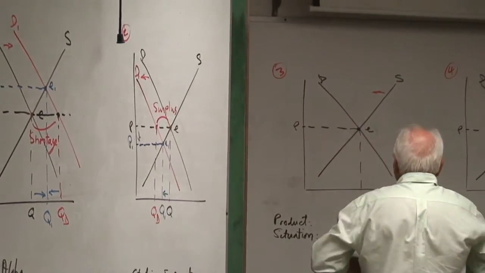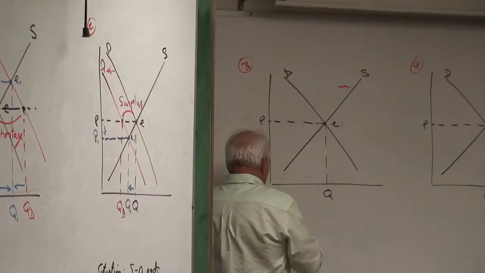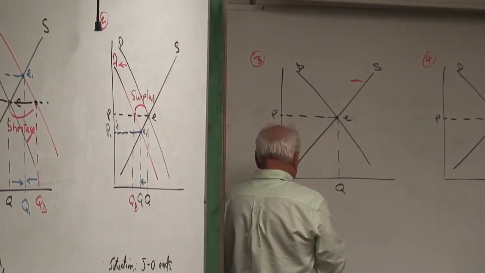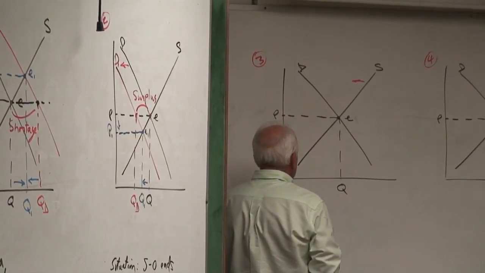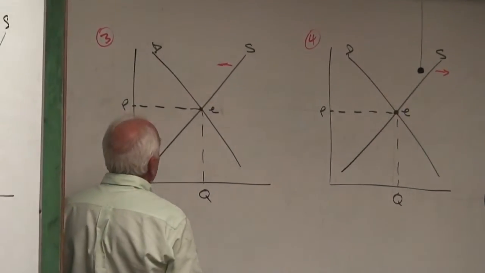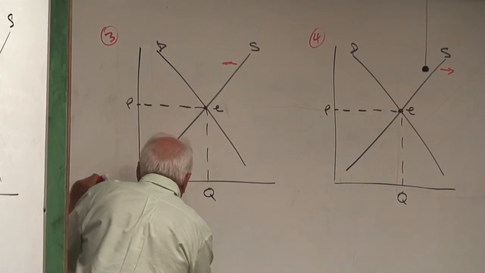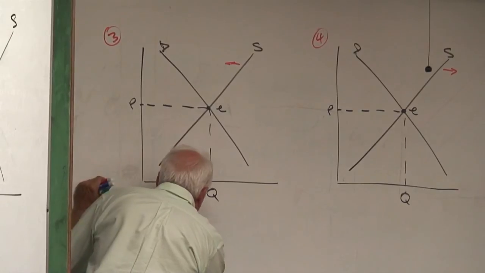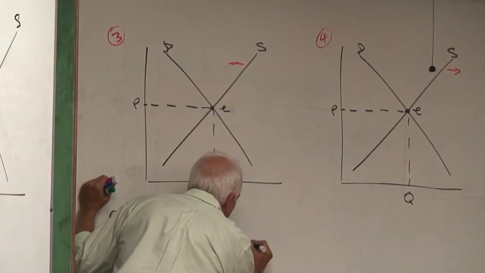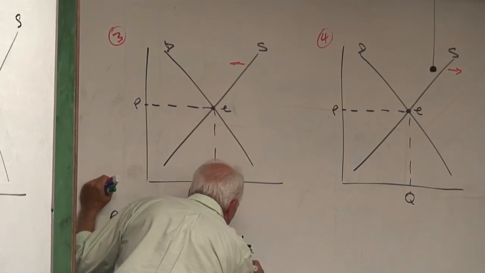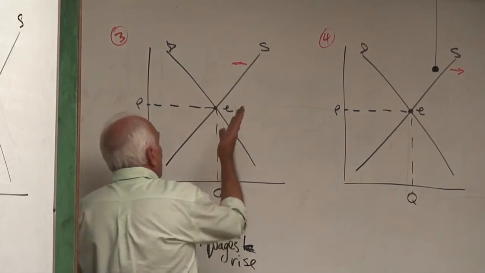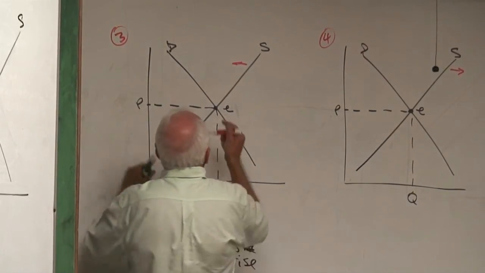The next figure could be a change in the product, but still the Aloha shirts situation: labor price, wages rise. Okay, the labor wages rise. In which case, that means an increase in the cost of production.